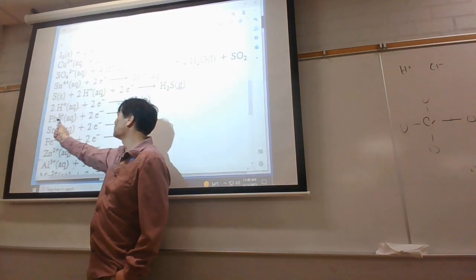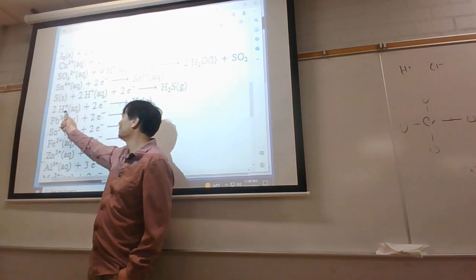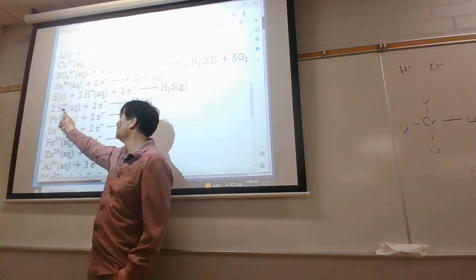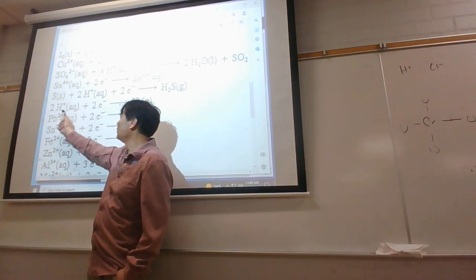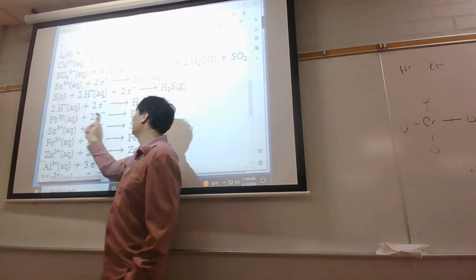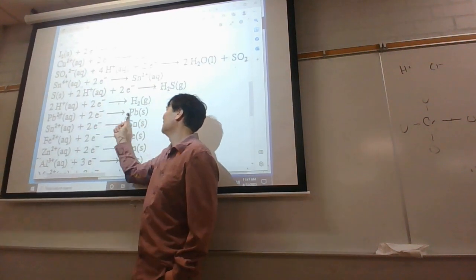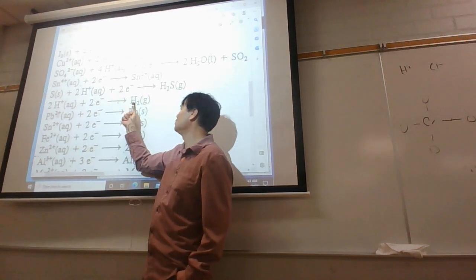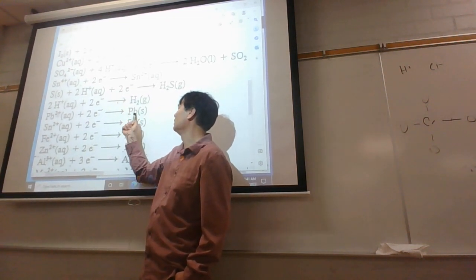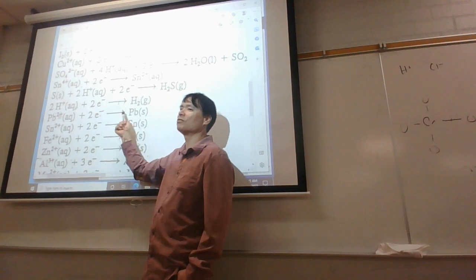Is lead 2+ stronger or weaker than H+? Weaker. So we're going from stronger to weaker oxidizer. Then if H+ reacts with lead, we form lead 2+ and H2. Is H2 stronger or weaker than lead? Weaker. So we're going from stronger to weaker.